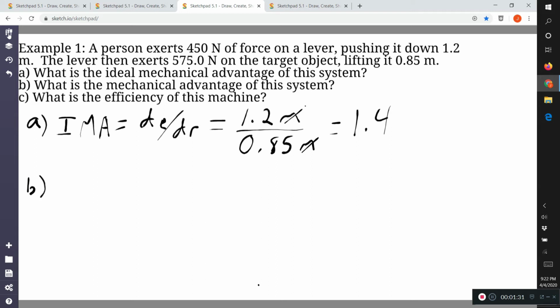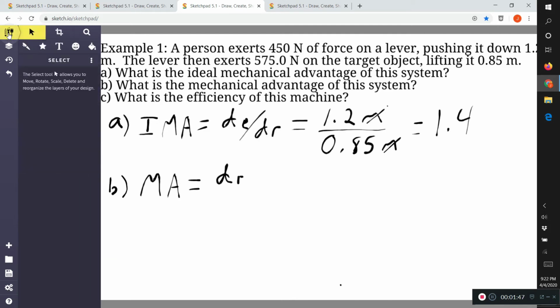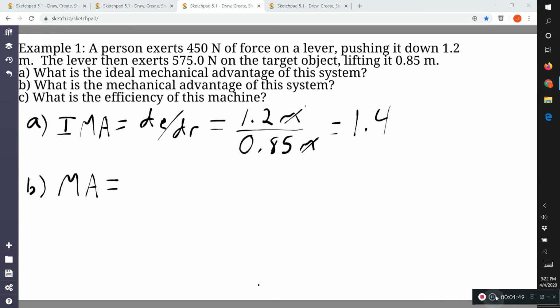So part B, what is the actual mechanical advantage? Well, we can actually look at what the actual mechanical advantage is. So the mechanical advantage is calculated as our resistance force divided by our effort force.